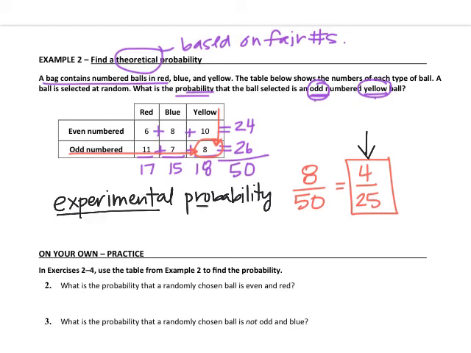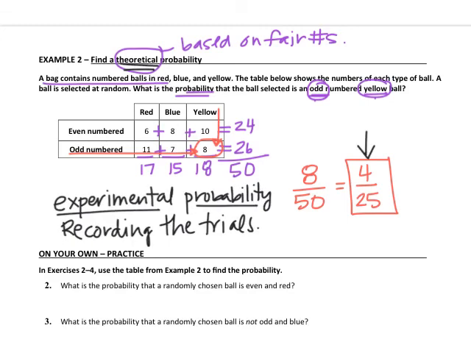However, experimental probability is actually doing an experiment and recording the trials, or recording each time you pull a number out, and then verifying how often did I get blue even, or how many times did I get red odd. So we're going to practice doing experimental probability and compare it to theoretical probability when we are in class.